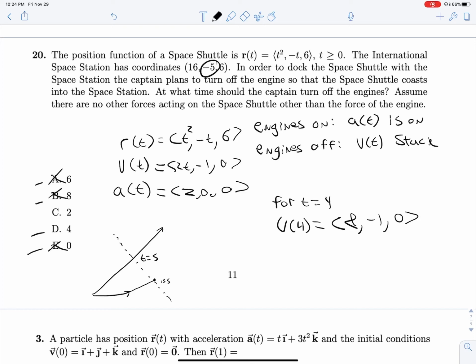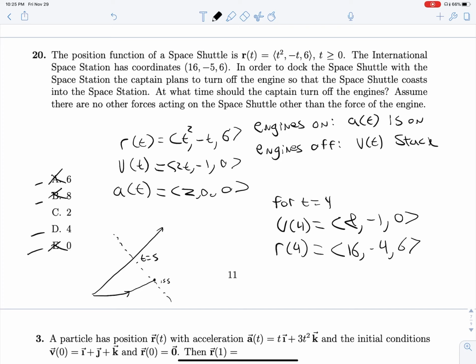And we'll see that r of 4 will be 16, -4, 6. And so we see that this, sadly, is also no good because we've lined up our x-coordinate, but we've lined it up a second too soon.